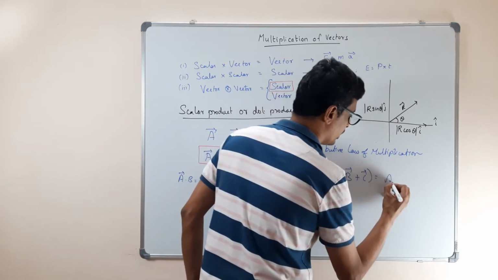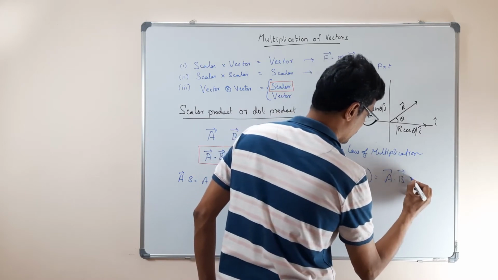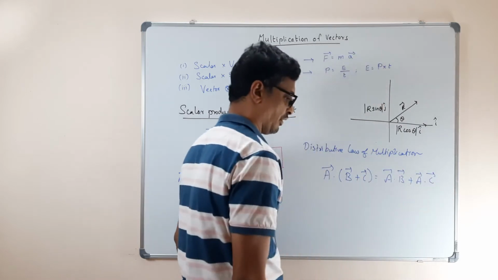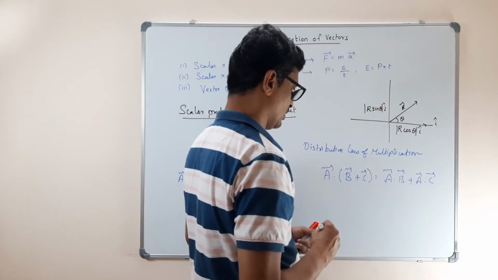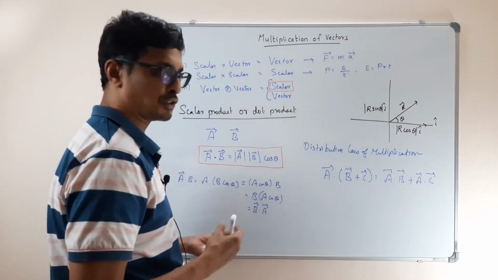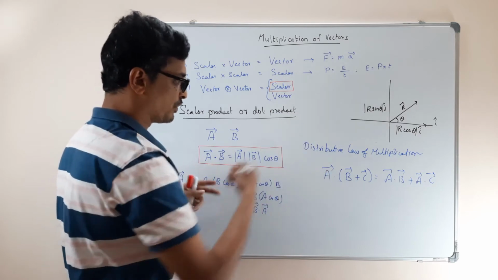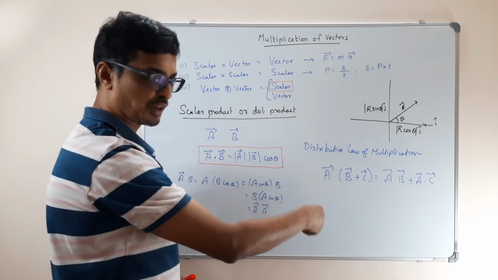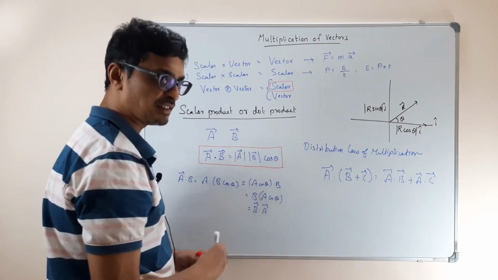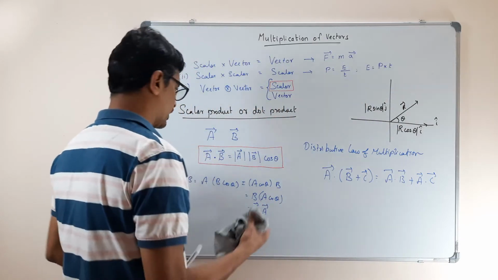This will be A vector dot B vector plus A vector dot C vector. Can you write like this? Yes, of course. You know the addition of two vectors; take out the component of the vector. I am not going to prove this, but we can prove it.